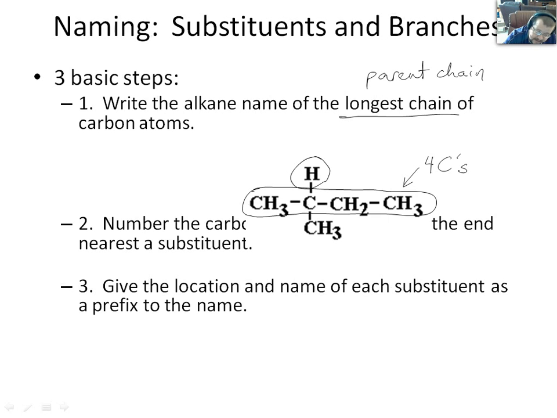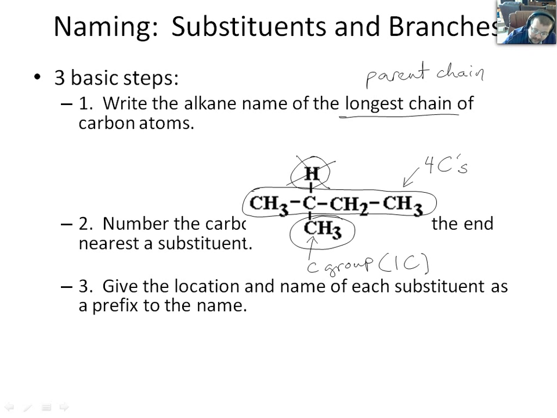I need to look at what's hanging off. Well, on this side, I've got an H. But H's are everywhere in organic chemistry. We're not worried about naming our H's, so we're going to disregard that hydrogen. But we are going to look at this group that dangles below. We've got a CH3. It's a carbon group. So I will be naming that group based on the number of carbons. It has 1C.